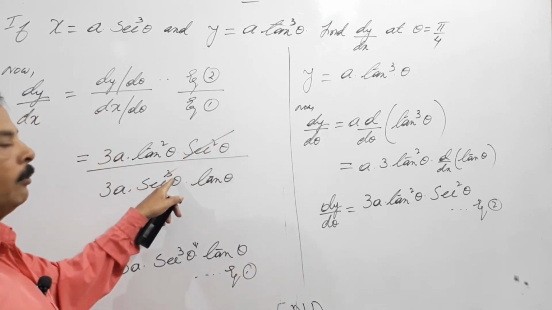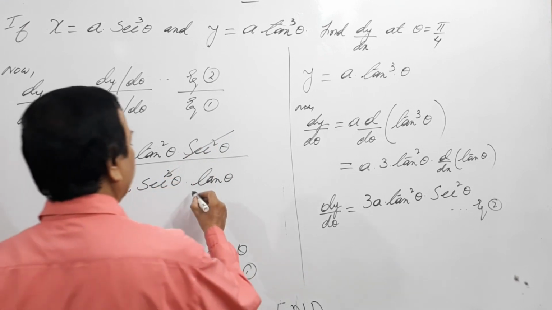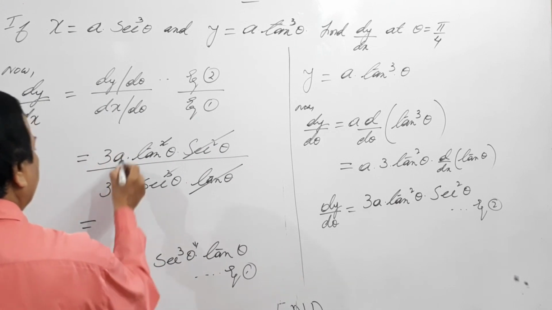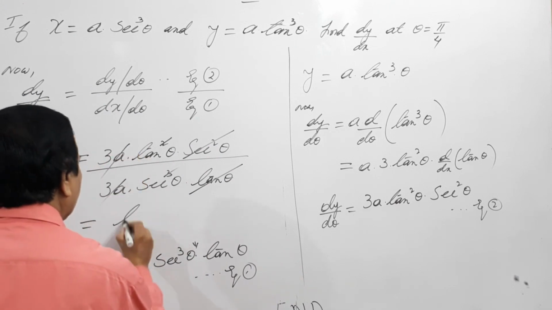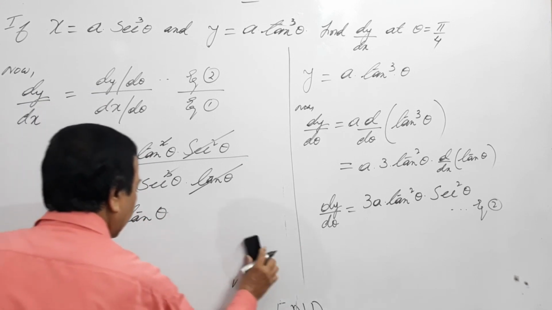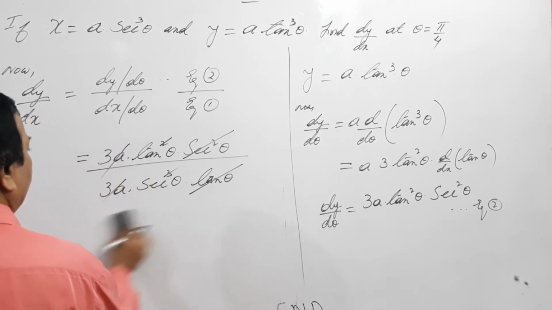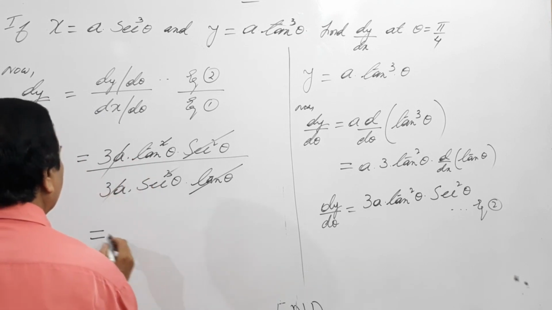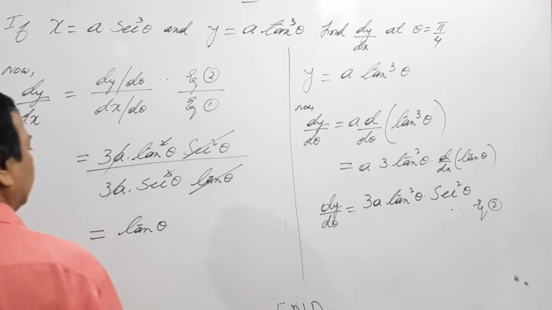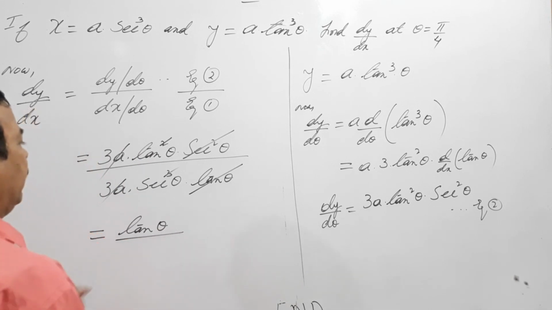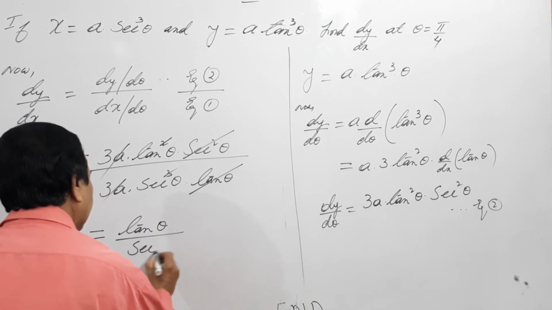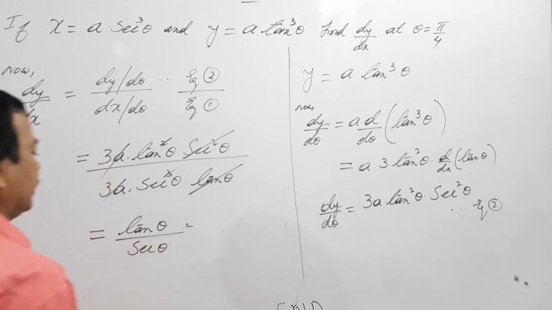This tan square will go and become only tan theta, and 3a cancels. You are left with tan theta in the numerator, divided by secant theta.